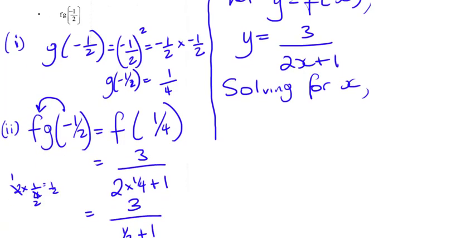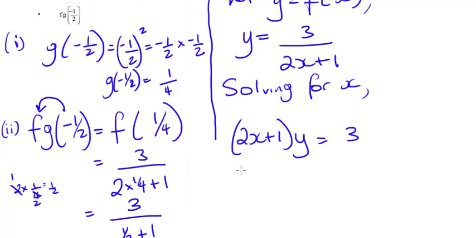So I had y equals 3 over 2x plus 1. I need to get this out of my denominator so that I can make things easier for myself. So if I do the opposite operation, because I was dividing by 2x plus 1, now I'm going to be multiplying on the left hand side by 2x plus 1. So that's 2x plus 1 times y is going to be equal to 3.